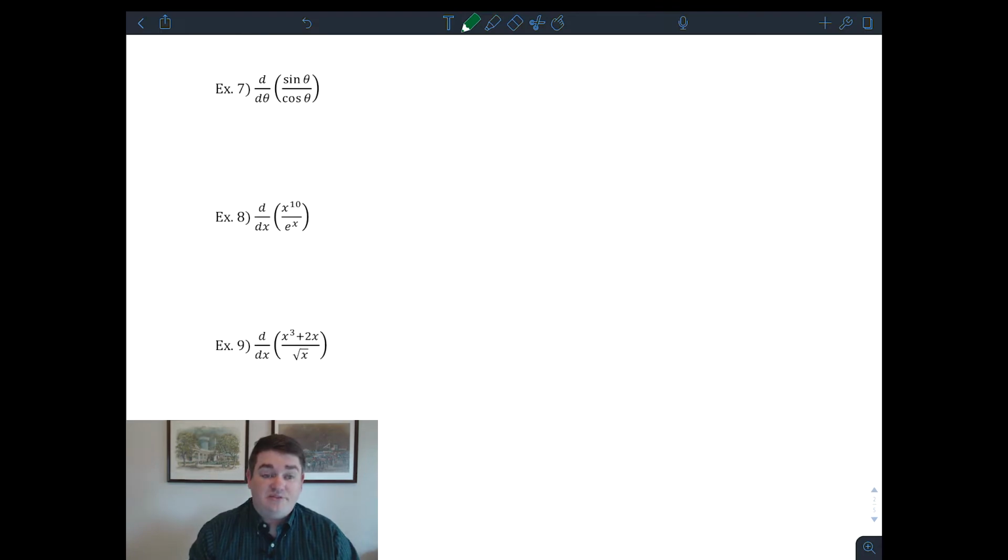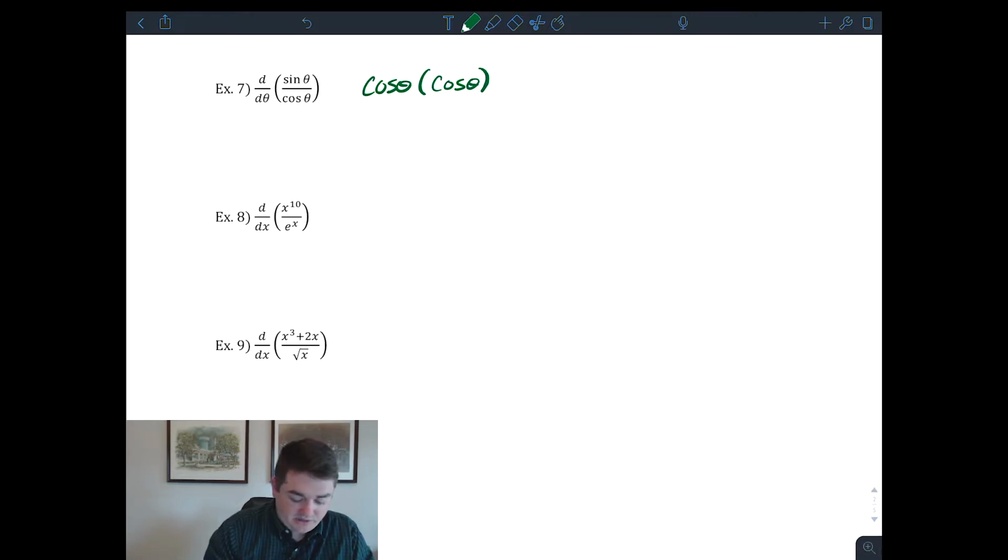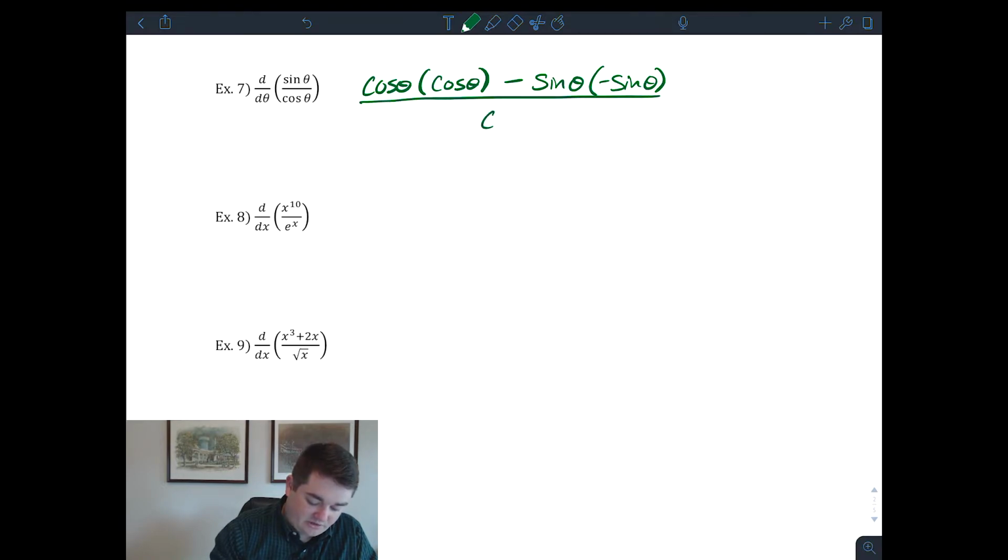Example 7, take the derivative of sine theta divided by cosine theta. So here we go. The derivative of the top is cosine theta times the bottom, which is also cosine theta, minus the top, sine theta, times the derivative of the bottom, which is negative sine theta, over cosine squared theta.